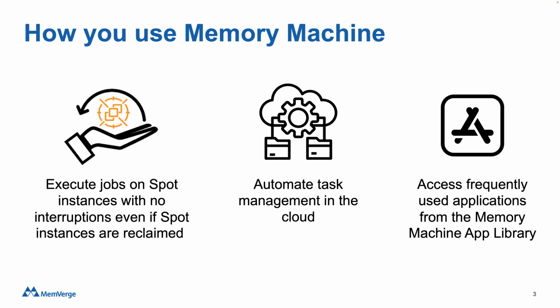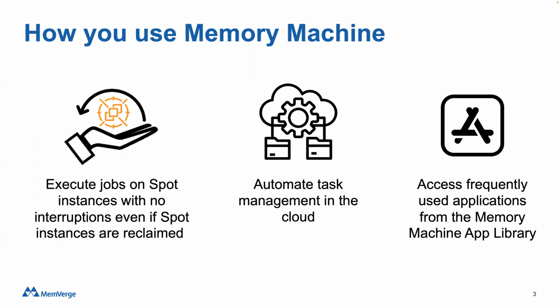Even though the Spot instance gets reclaimed, you are still fine, because we allow you to run these jobs continuously across Spot instances without interruption. And we automate all the tasks of managing the life cycle of the application across all these EC2 instances.